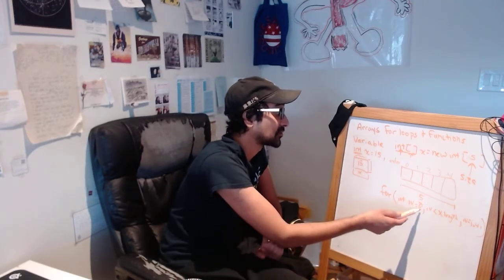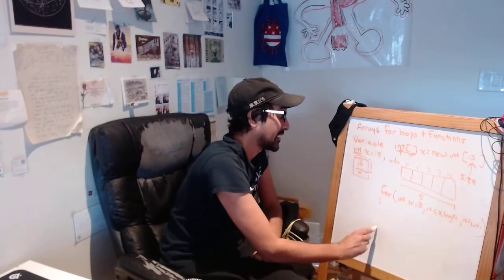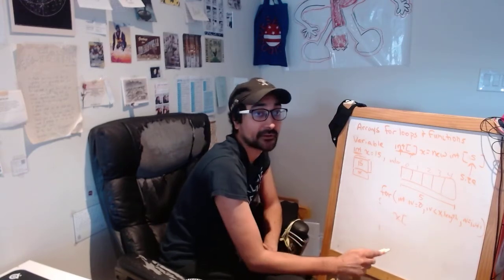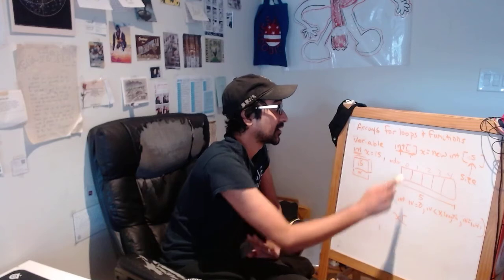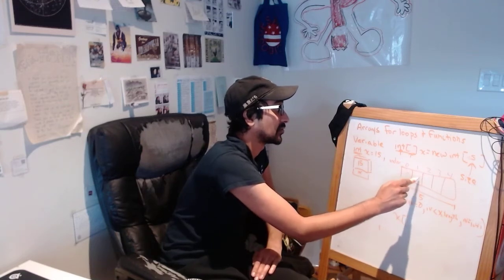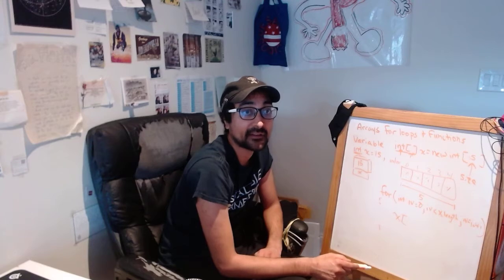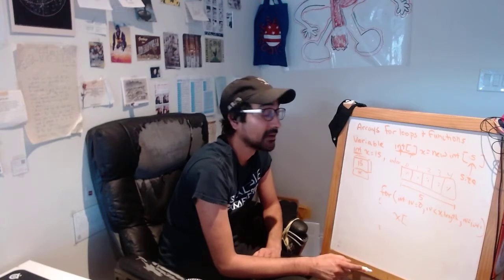So the first time through the loop, iv is going to be 0. Let's say we want to set all these things equal to 5. I don't know why you'd want to do that. Or maybe we want the numbers 0, 1, 2, 3, 4, so the number of the index is actually the value inside each box.